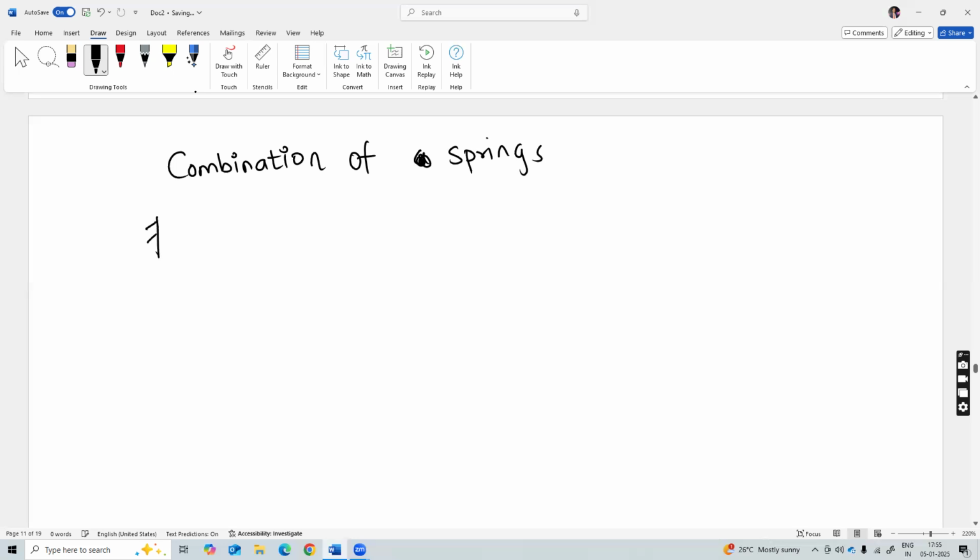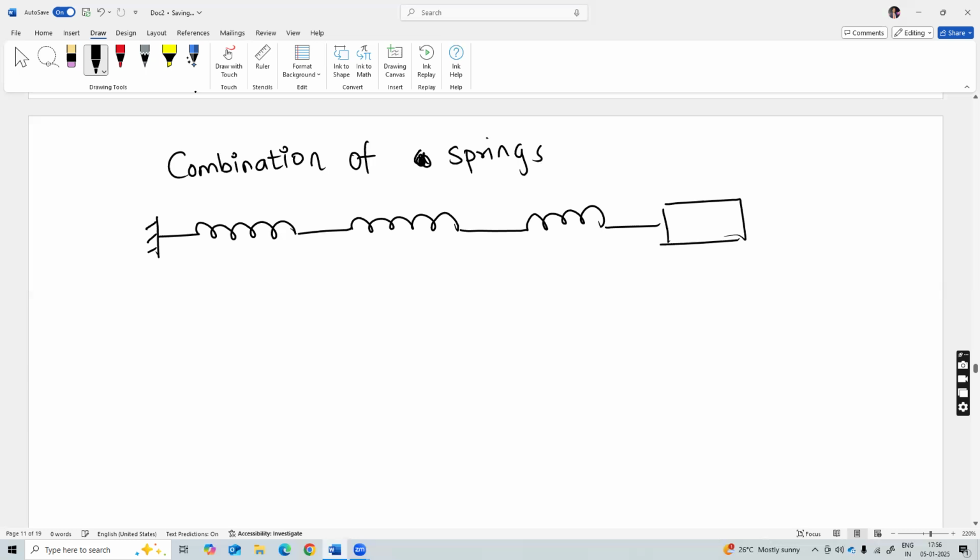Now let's say you have three springs connected in series, and the stiffness of these springs is K1, K2 and K3.